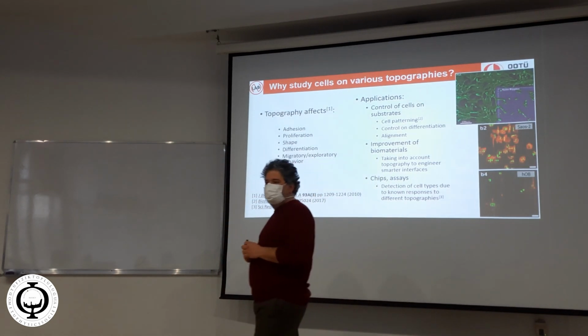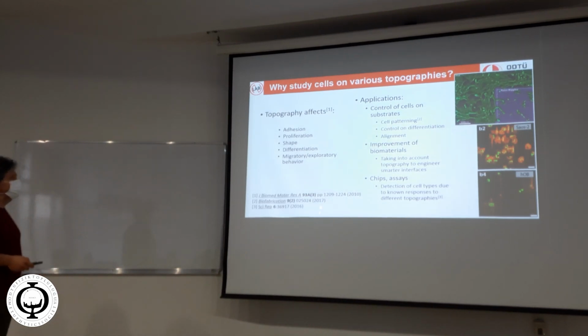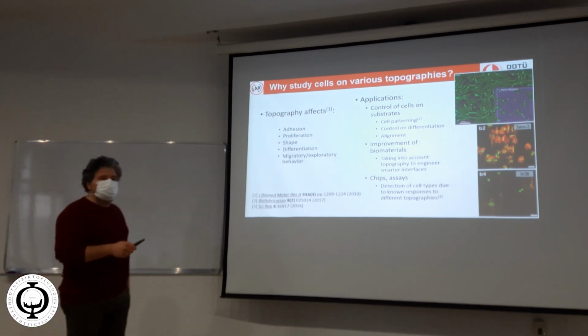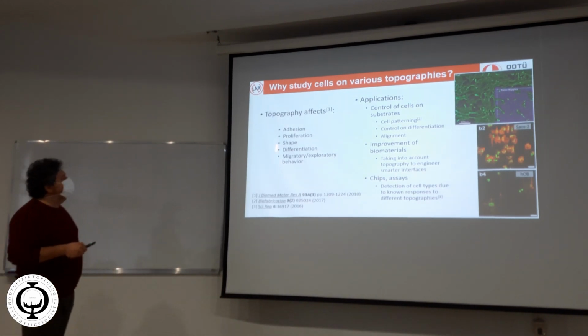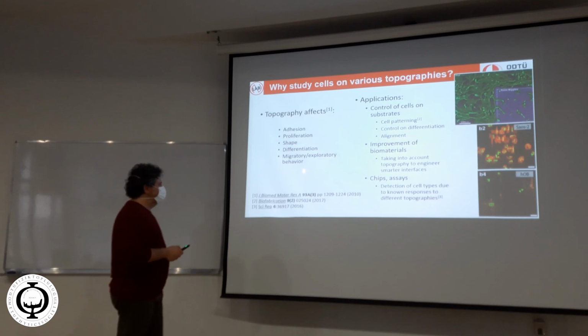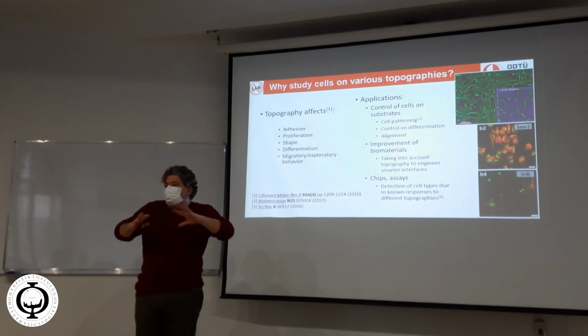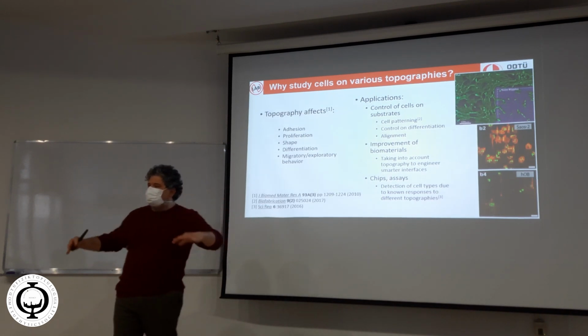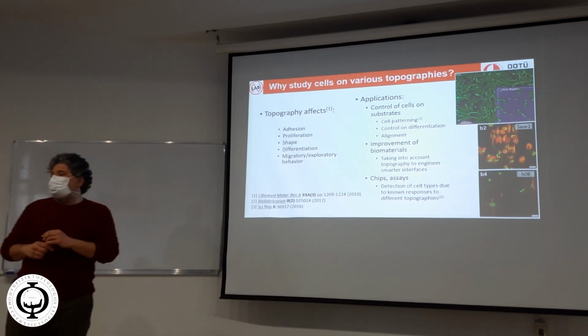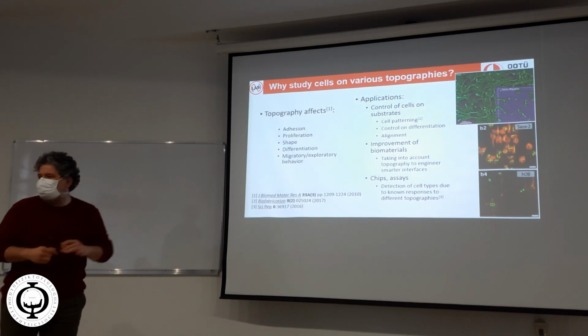So in this, the motivation was that if we can understand what sort of topologies can be used in modification of the behavior, such as the adhesion, proliferation, shape, differentiation, and migration behavior, then only the topography under a cell could be used as a tool to drive the cells to take some certain actions which they don't normally do.